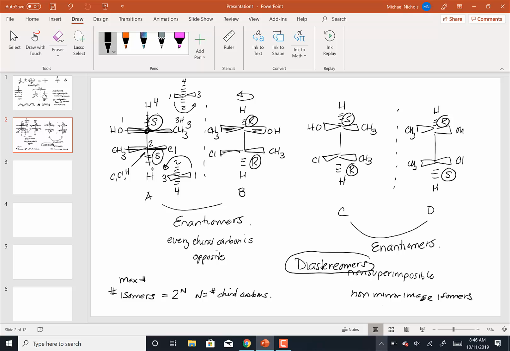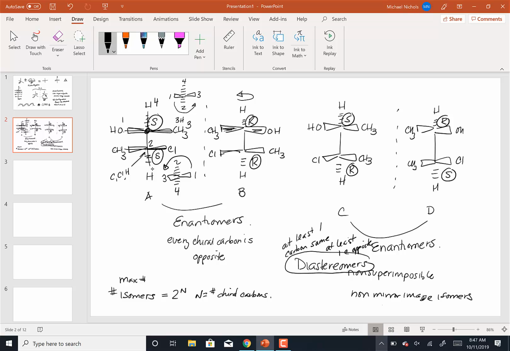Now what about B and C? They're diastereomers. So in B and C, what do I have? RR and SR. So what's characteristic about diastereomers? For diastereomers, you're going to have at least one carbon with the same configuration and at least one carbon opposite.